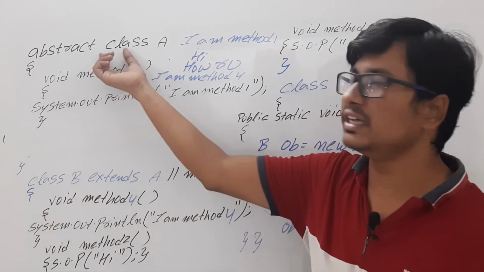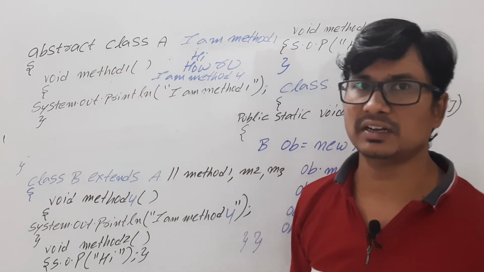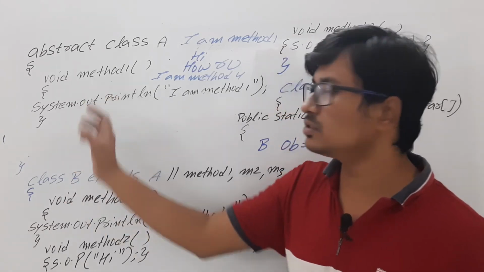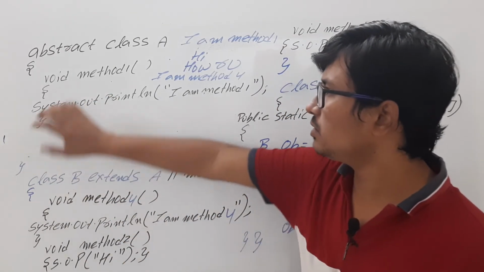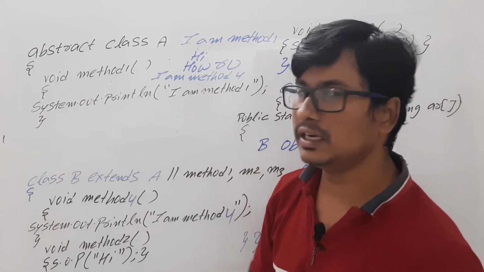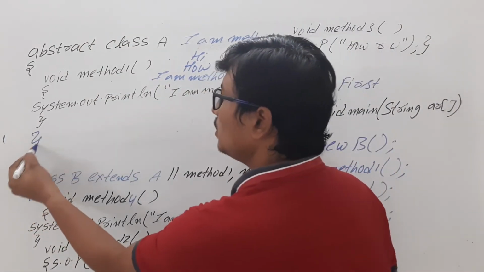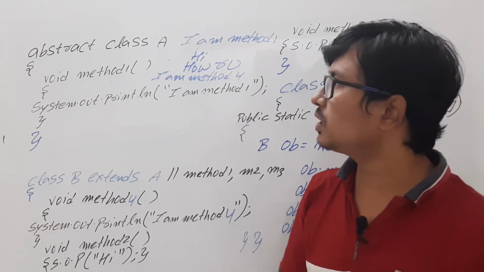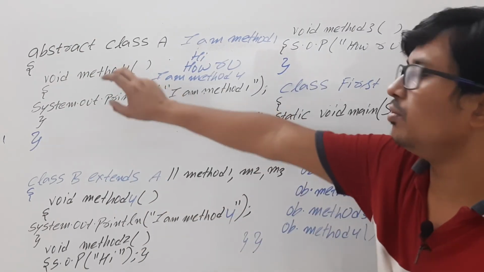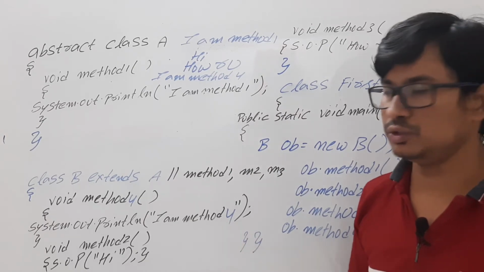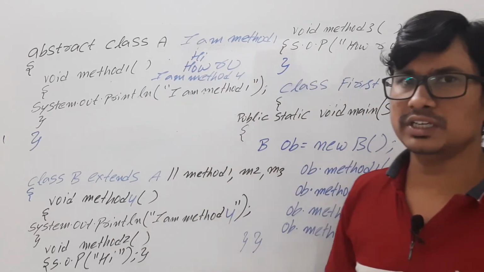Some class should derive or inherit this abstract class, then only you can access these concrete methods or whatever variables you have. The only point I want to highlight here is that in Java, without any abstract method you can make a class an abstract class. And if you try to create an object for this one, there will be an issue. Then accordingly we need to change the program.